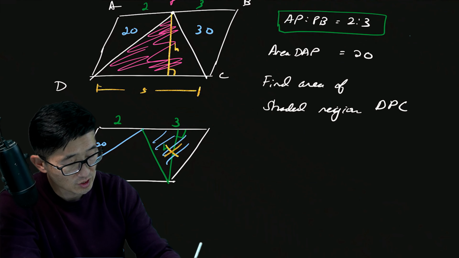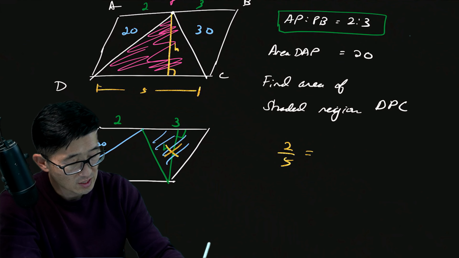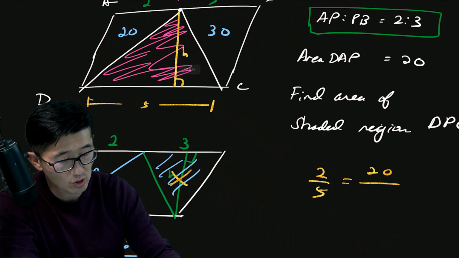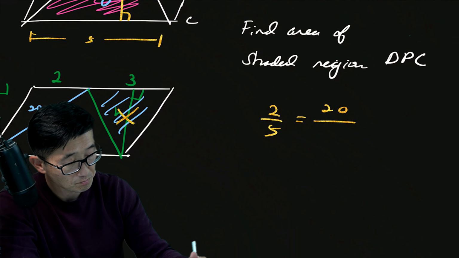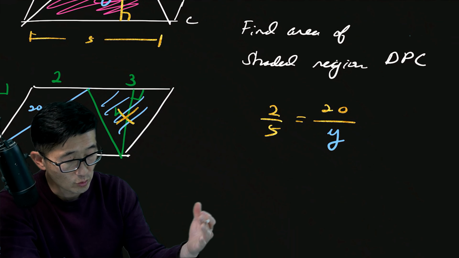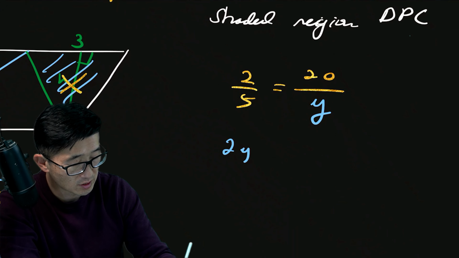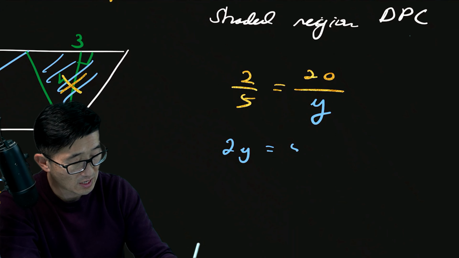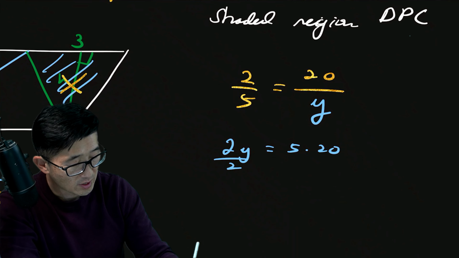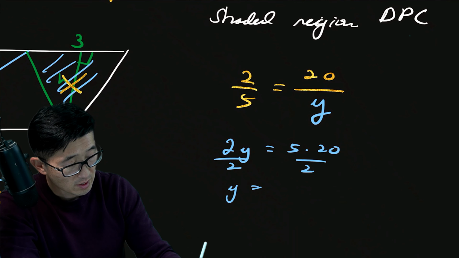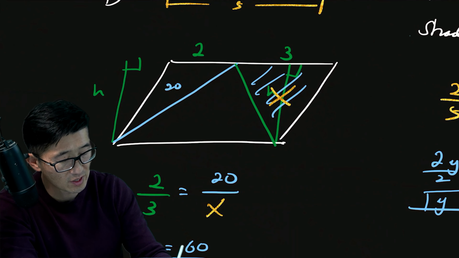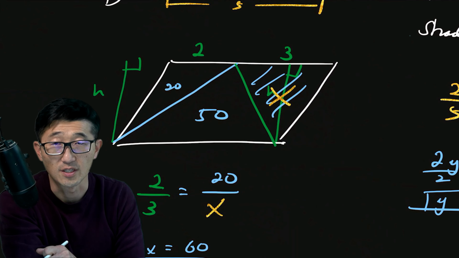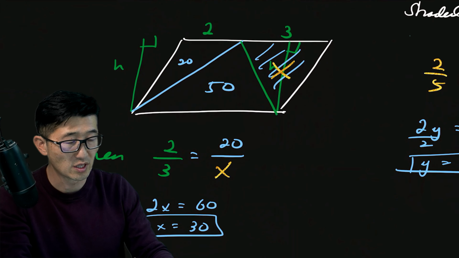And so we just set that up. 2 to 5 equals 20 over, and we'll just call this part y. And so we just do the math. 2y is equal to 5 times 20, which is 100, divided by 2, so y is equal to 50.